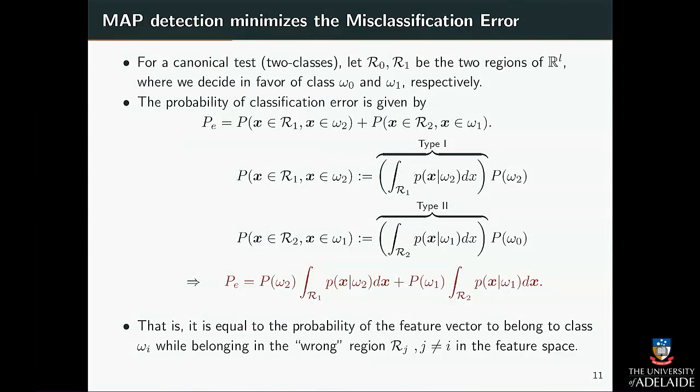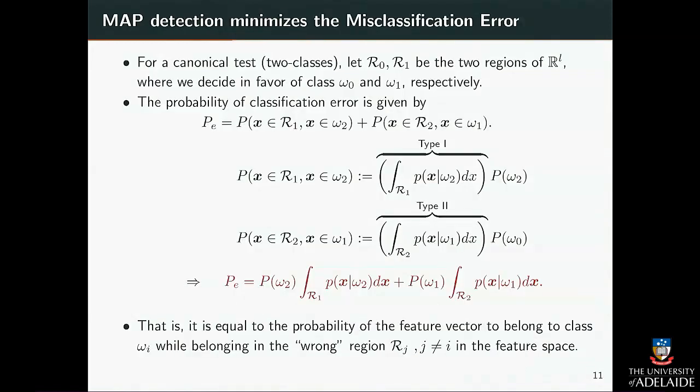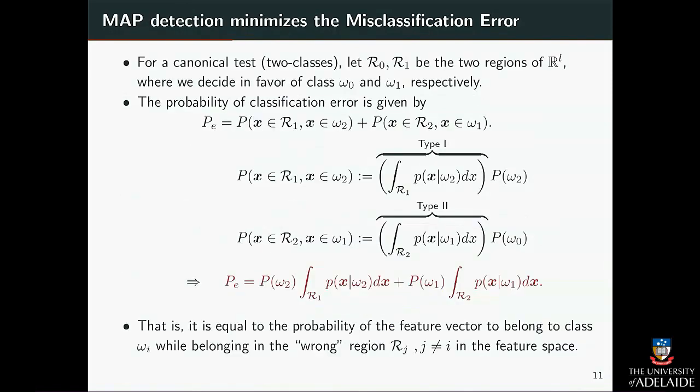And the interesting fact is that the MAP detection, as the title says, minimizes this probability of error. So if you're targeting minimum probability of error, you already know: use the MAP detector. You don't have to find another detector. Again, you can use the log likelihood ratio and compare it with this threshold, and that minimizes that particular metric.